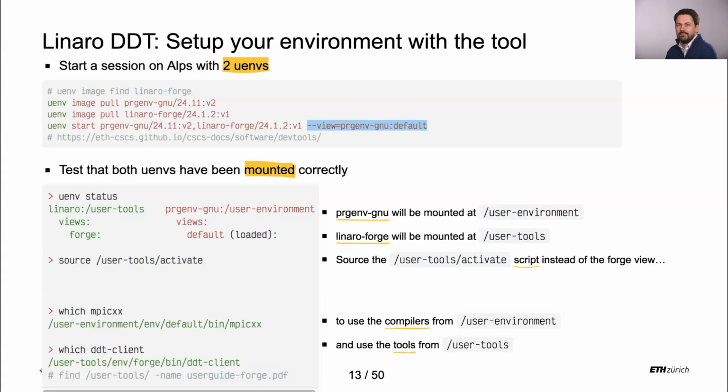I mean, you could if you want to, but then you will need only one user environment. I hope I am clear here. But basically, that's how you should do things, and then you will see that the tool is there in your path.